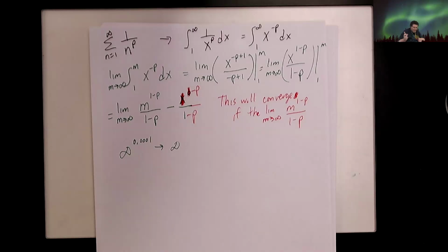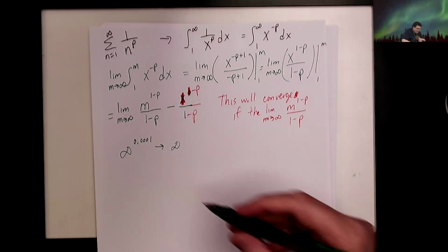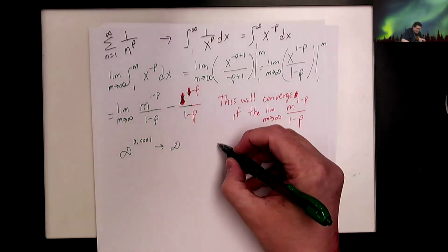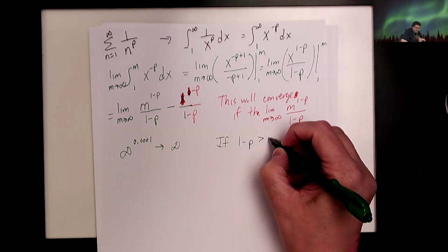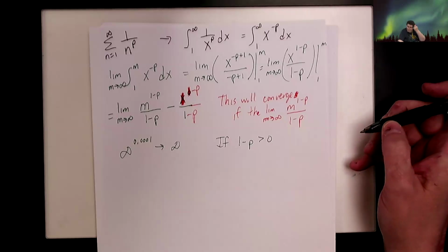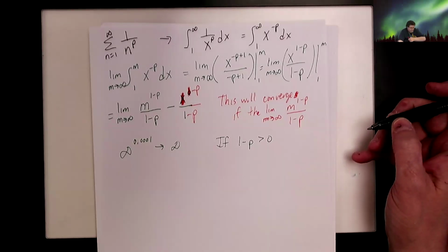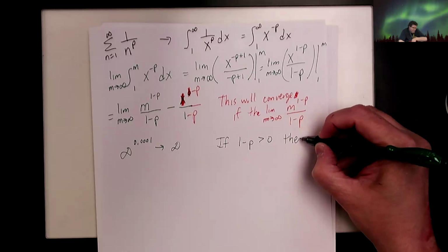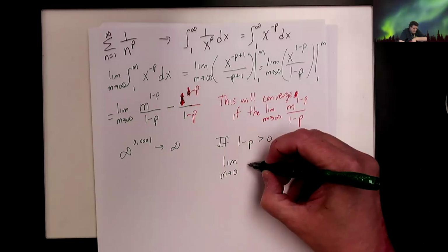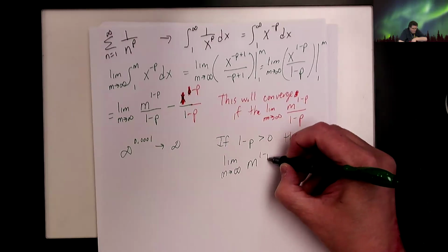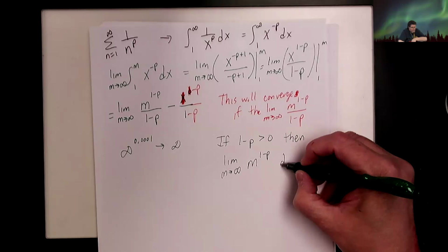No matter what you plug in the calculator, you can plug in a billion to that power and you'll have a number, but if you plugged in a trillion to that power, you'd have a larger number. So if 1 minus p is greater than 0, then the limit as m goes to infinity of m to the 1 minus p diverges.